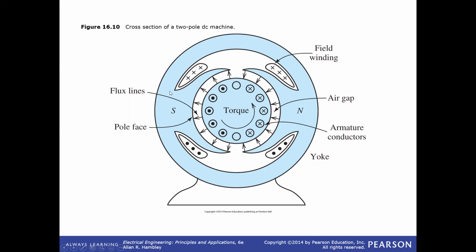As you can see here, this is the cross section of this DC motor. This is the stator and this is the rotor. The stator has its own winding, and the rotor also has its own winding.